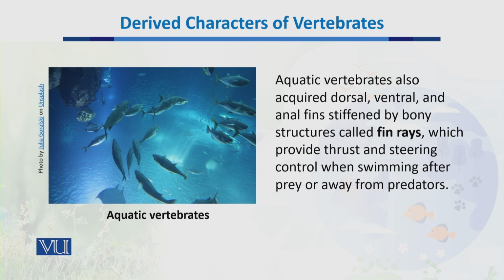They have also acquired certain fins, which are dorsal, ventral, and anal fins. These are stiffened by bony structures called fin rays. They also provide thrust and steering control when they have to swim inside the water after prey or away from predators.